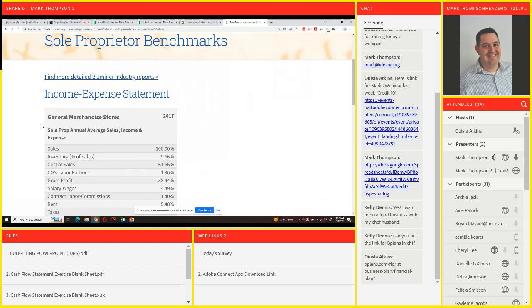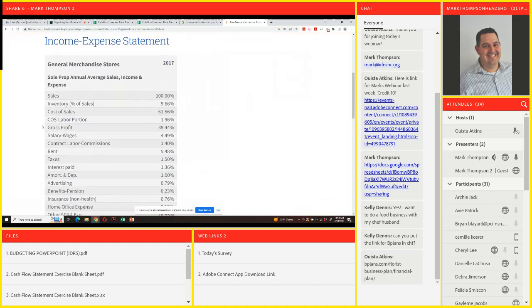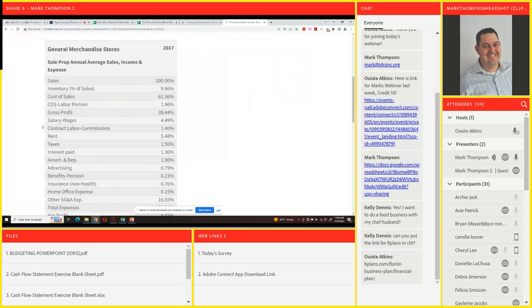But cost of sales, and the cost of sales and labor, then you come down, you subtract that out, that becomes your gross profit. And here's all your other expenses, all done by percentage, right? So if you have $100,000, your average rent will be 5%, right? 5% of 100,000 is $5,000, right?